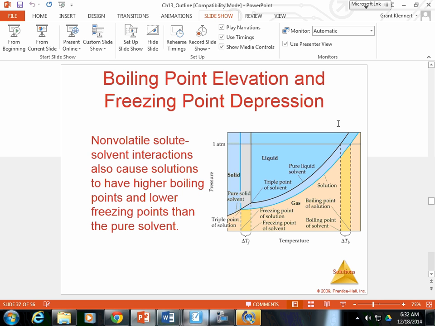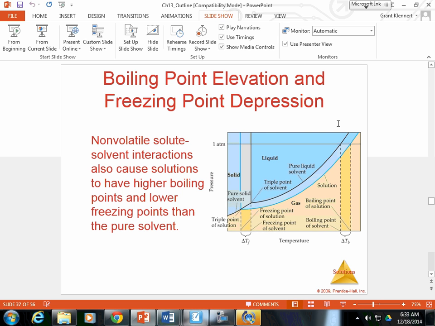Boiling point elevation and freezing point depression. Remember, anytime you add something to a solution, it most likely raises the boiling point and lowers the freezing point. And we've talked about this with salt: it raises the boiling point of water and lowers the freezing point of water, and it is also dependent on concentration.